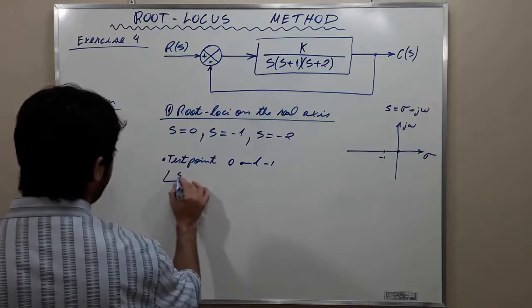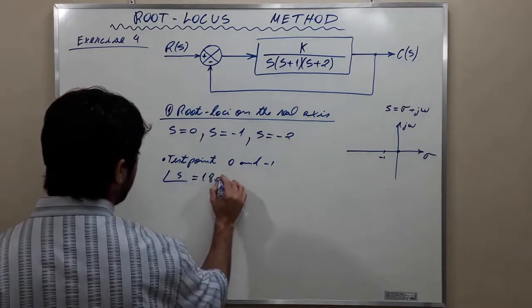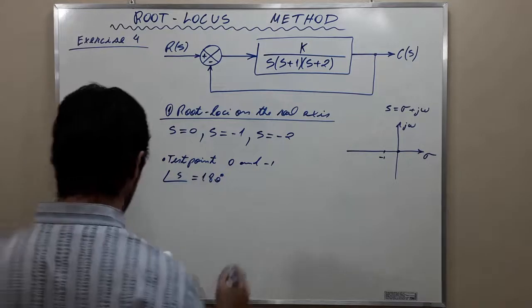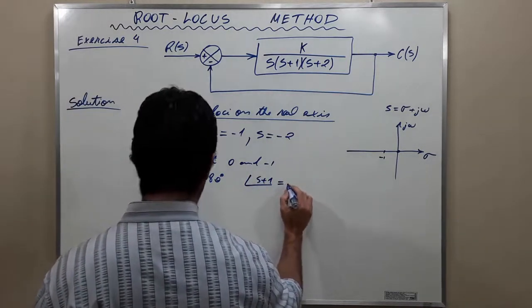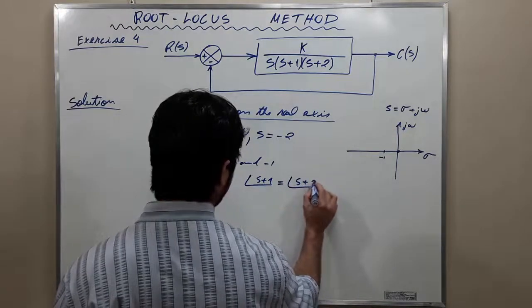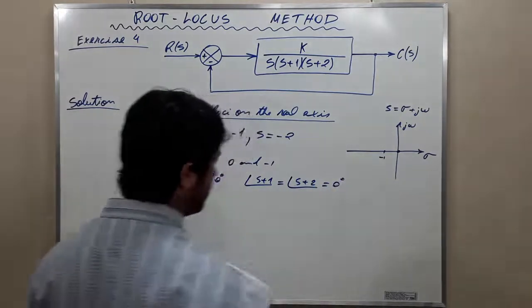The angle of s is 180 degrees, and the angles of s plus 1 and s plus 2 are 0 degrees.